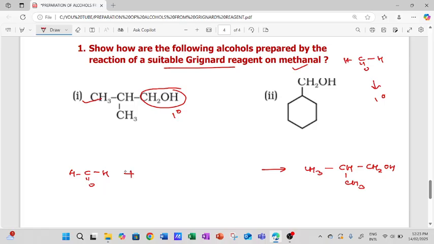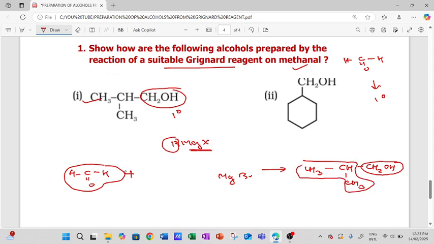Now we need to find which Grignard reagent, that RMgX, is to be found. Anyway, MgX should be there. For example, MgX can be MgBr. So our aim is to find which alkyl group this is. It depends upon the number of carbon atoms. This HCHO will change into a primary alcohol, as I told you. It means this part is missing on the reactant side. This isopropyl group is missing. That isopropyl group you add to MgBr. So this is the answer.